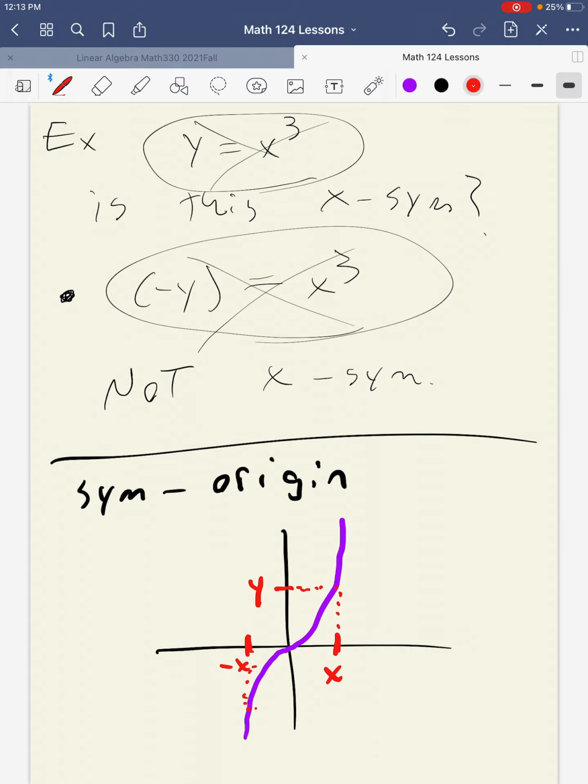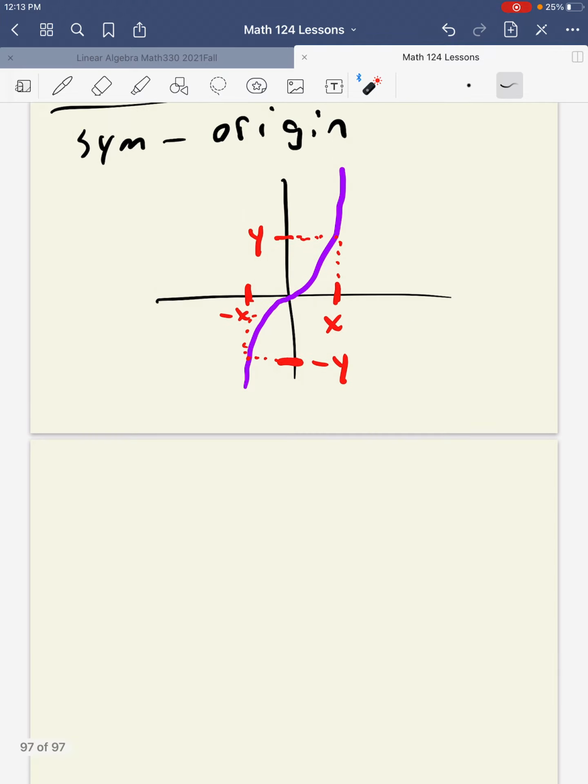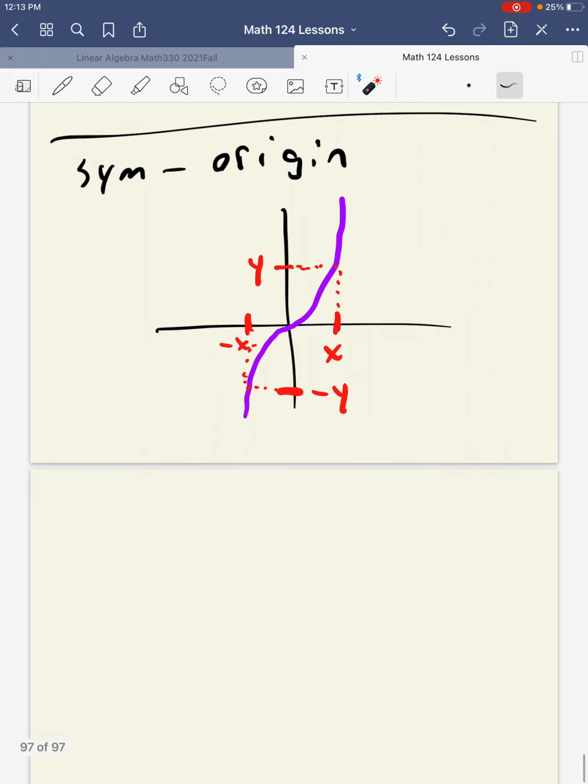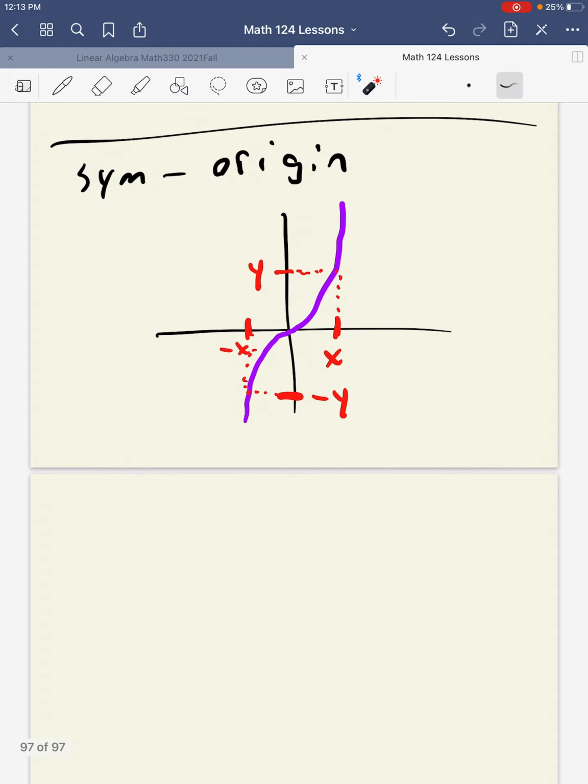But notice if we plug in minus x, we end up with minus y. So we have this type of symmetry: corresponding to x, some number y; corresponding to minus x, happens to be the minus y number.